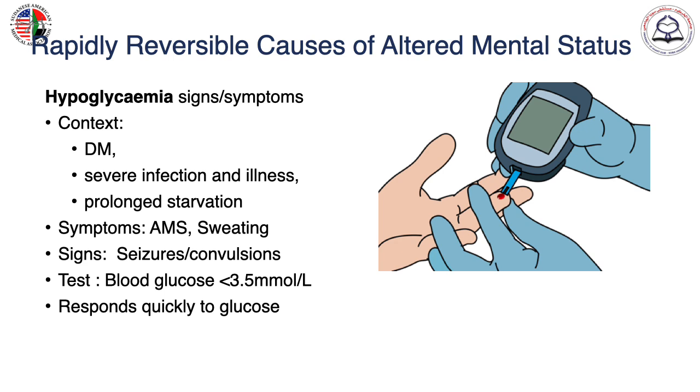Blood glucose is low, it could be less than 3.5 millimole, and the good thing is it can respond quickly. Whenever you suspect that, you need to give a glucose load. If the patient can take orally, you do that. Otherwise, you need to go through the IV.